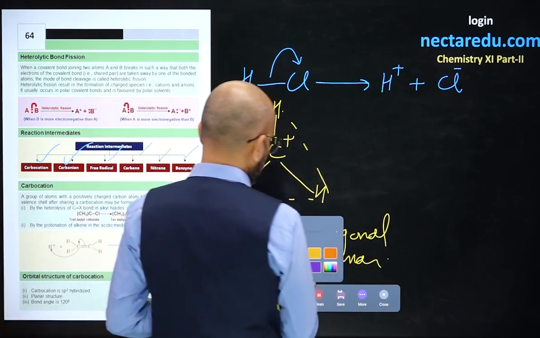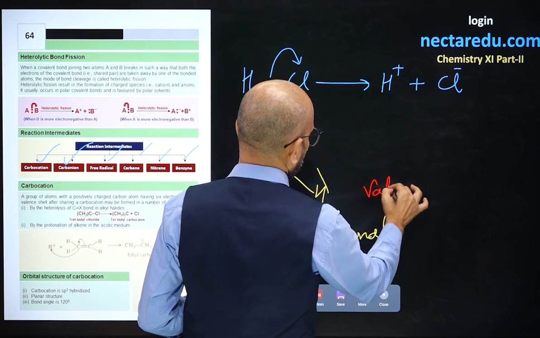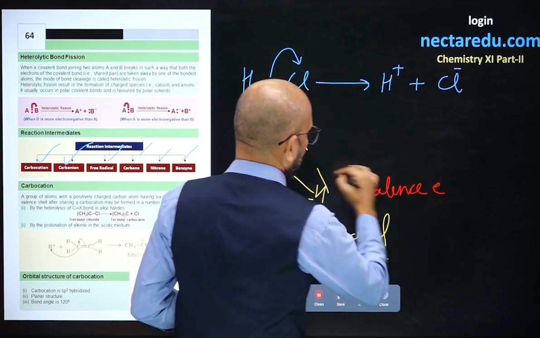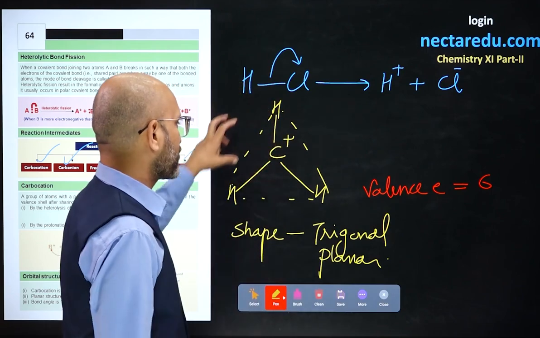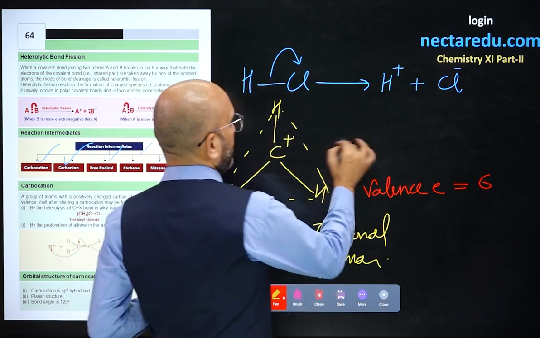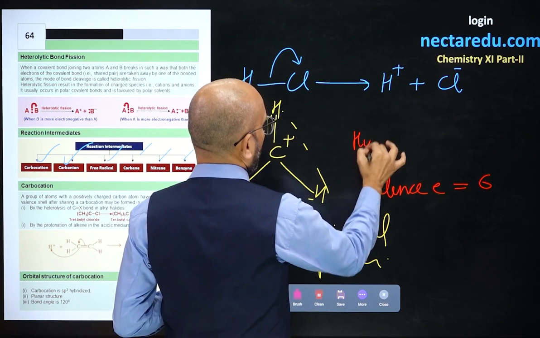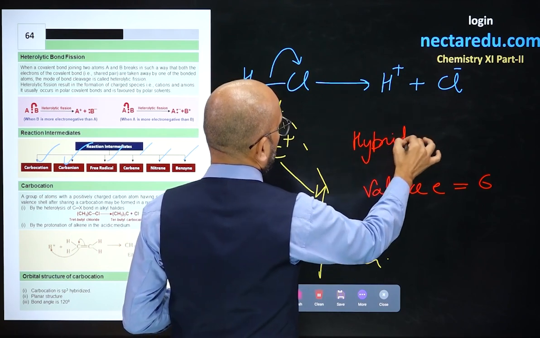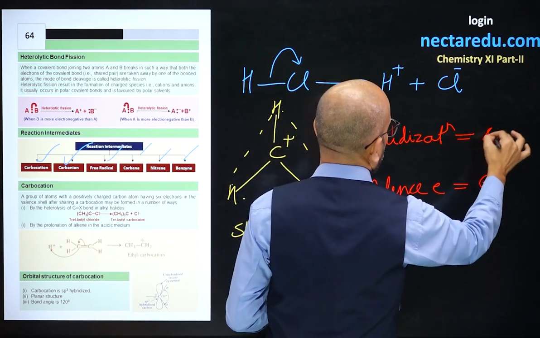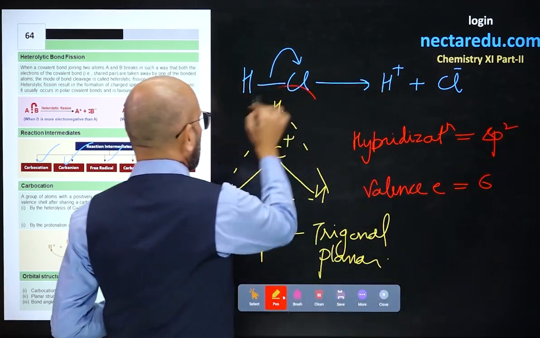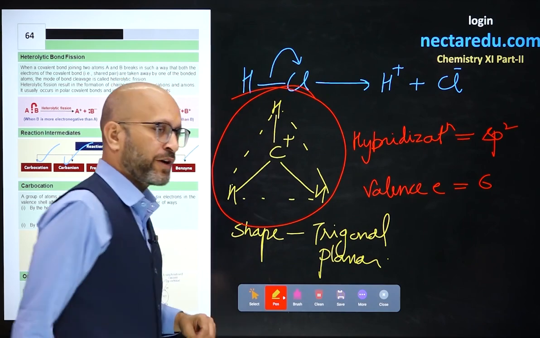So the number of valence electrons in a carbocation equals 6, and the shape is trigonal planar. What is the hybridization of a carbocation? It is sp2. So that is all about carbocation.